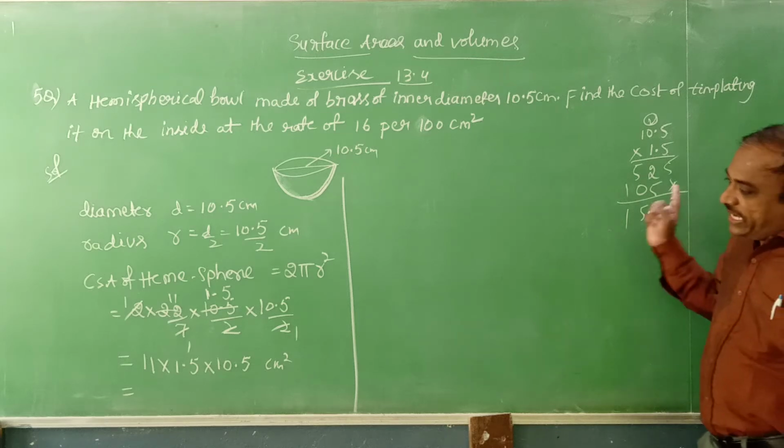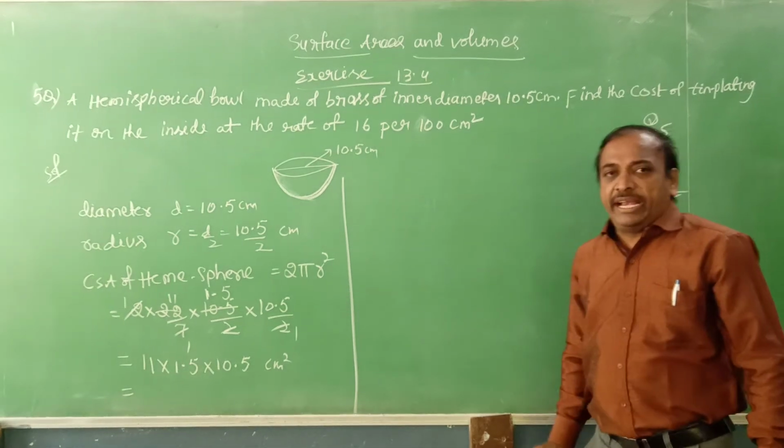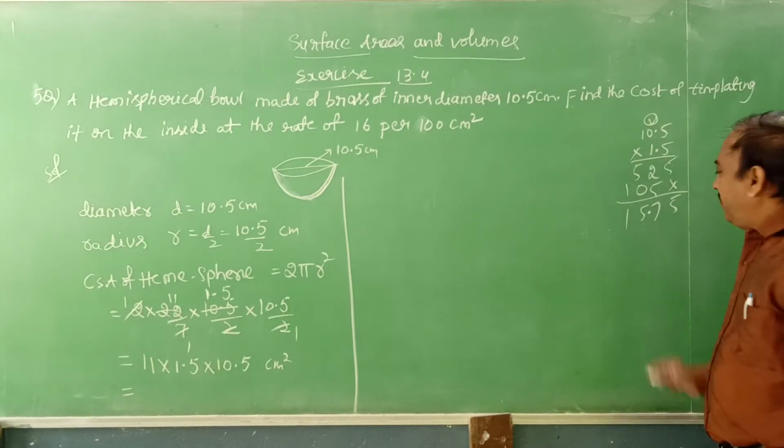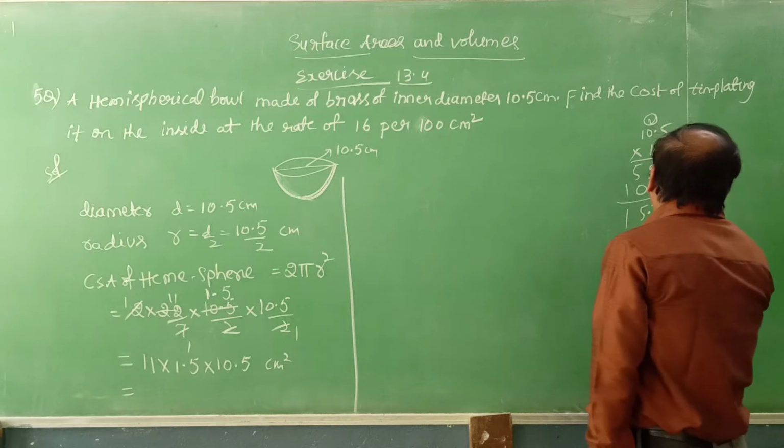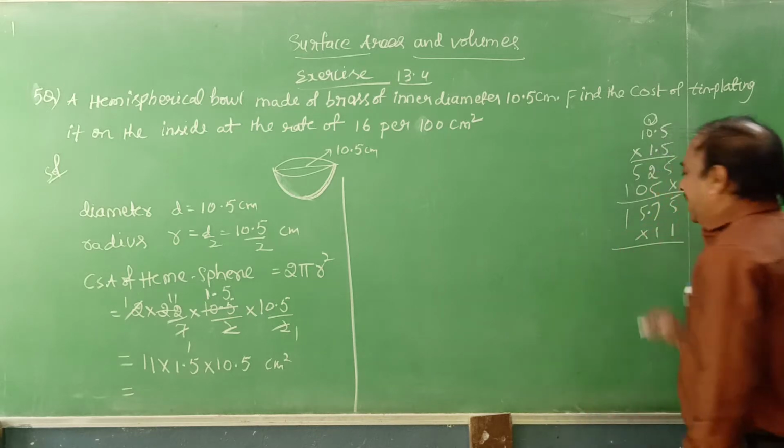And into we have 11. So 15.75 into 11. We are multiplying with 11 again.